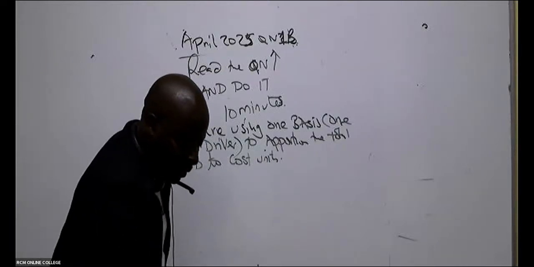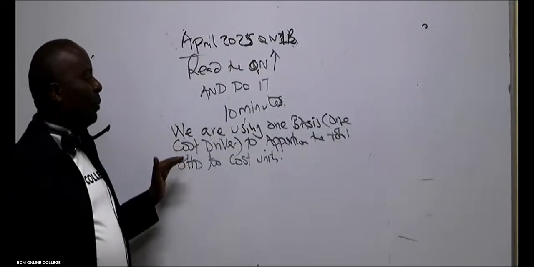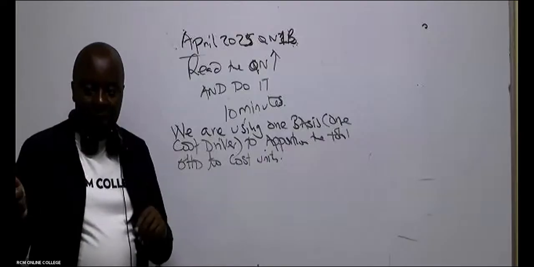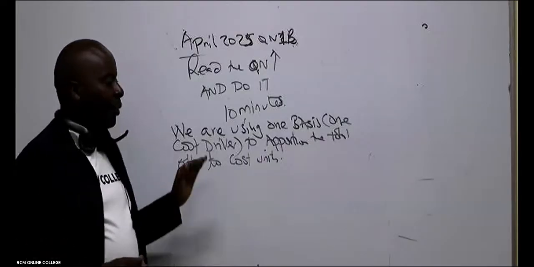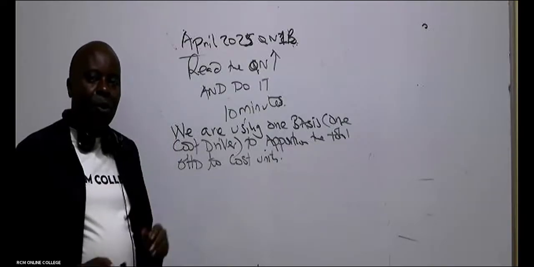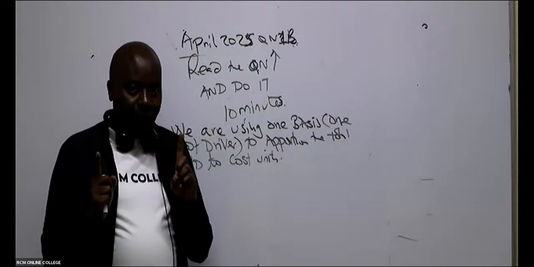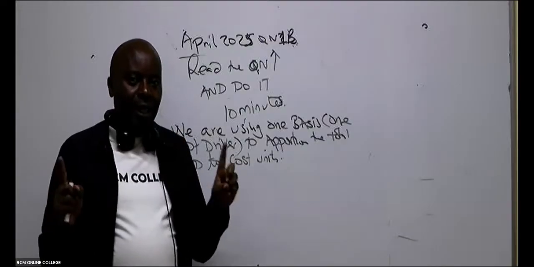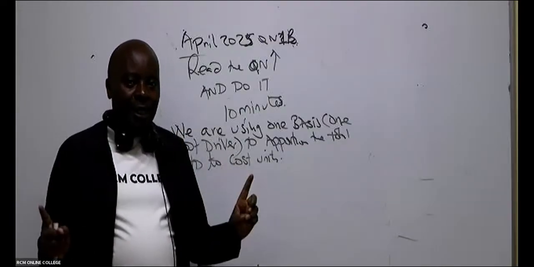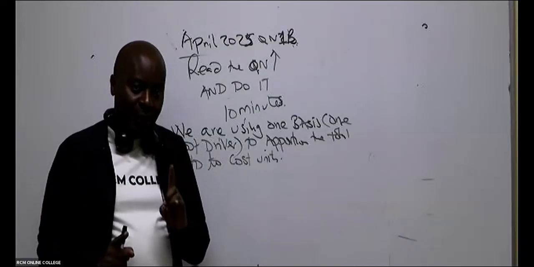So then that means that this particular cost driver, which is labor hours basis, will be applicable all through. And because it's applicable all through, then we call it a company-wide basis, or one blanket basis.